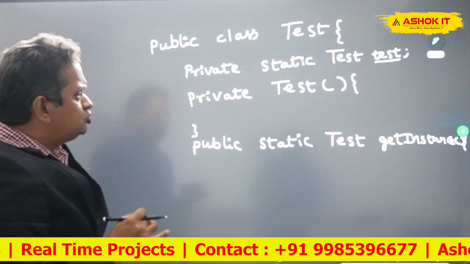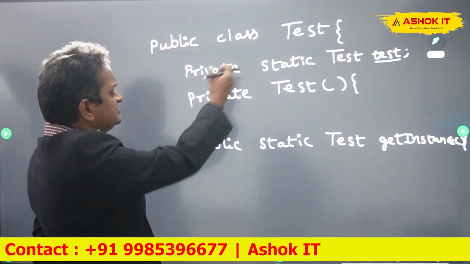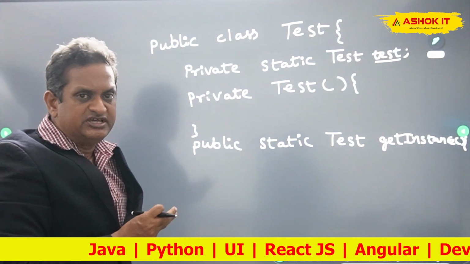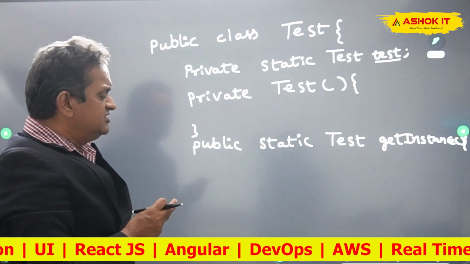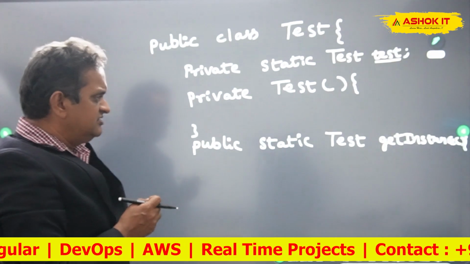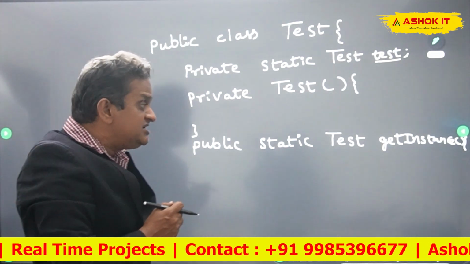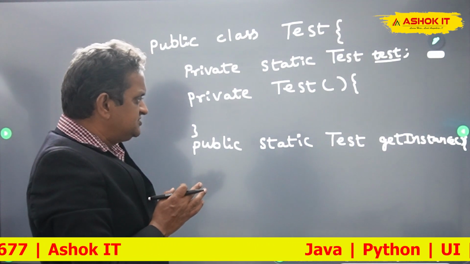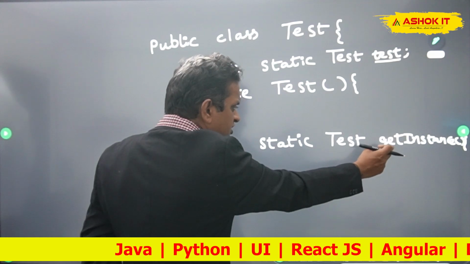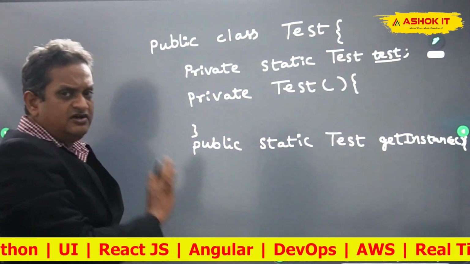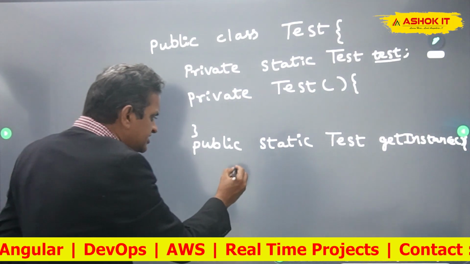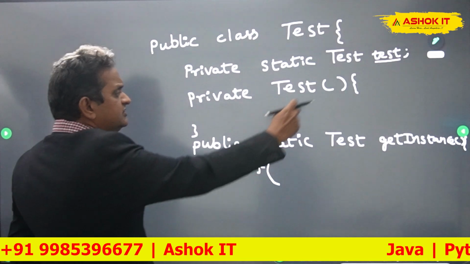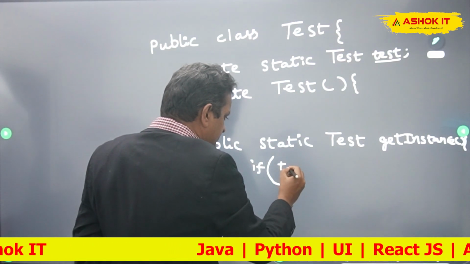There are two ways of implementing Singleton. Object creation you can do in two styles. One is known as eager instantiation, another is lazy instantiation. Lazy instantiation means whenever the method is called, at that time only we create the object. How am I creating the object? I am verifying if this reference is null.